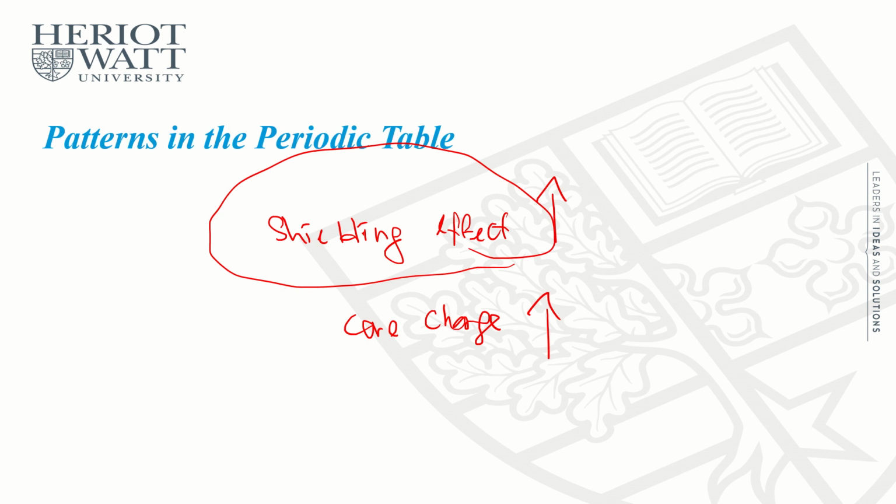The ionization energy needed to remove an electron will decrease, and the electronegativity will decrease as well, even though core charge increases. So remember, when you're comparing both core charge and shielding effect, even though both are changing, shielding effect is dominant. Unless shielding effect stays constant, then core charge comes into the picture and takes effect.